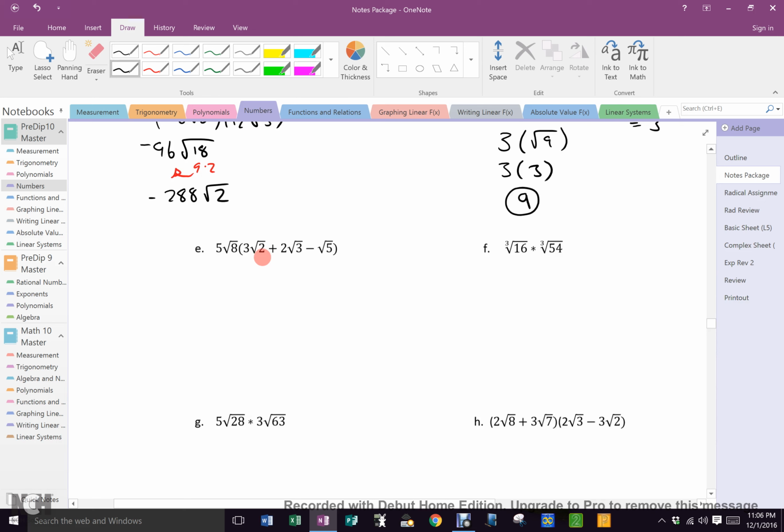Now, when we get to something like this, it's just distribution. But again, you should simplify that 8 first, but rewrite, and then you really can't do it wrong.